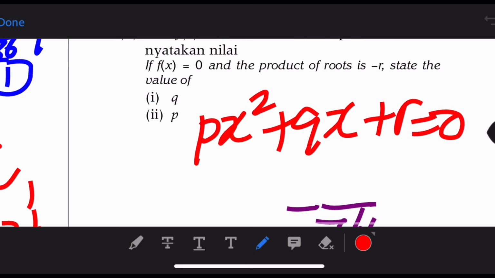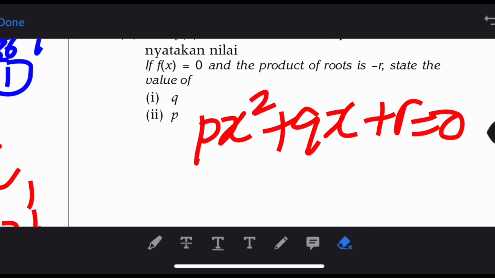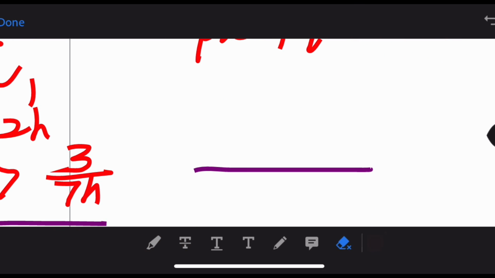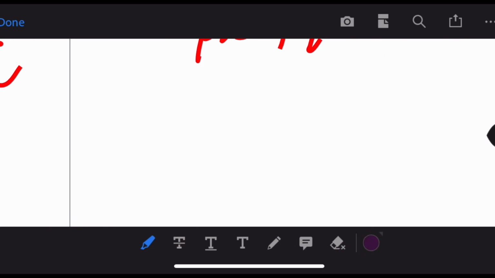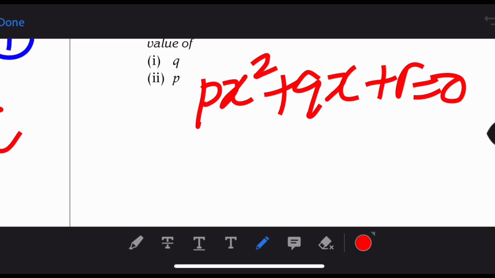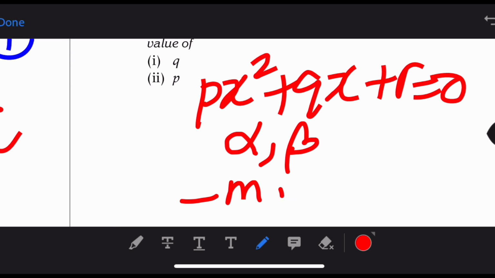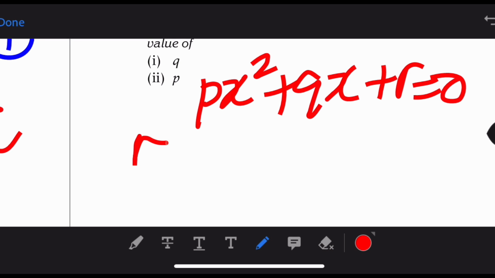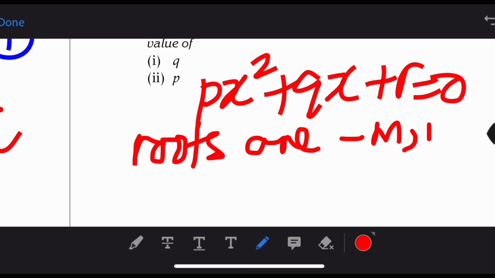The sum of the roots is negative b over a, right? The roots are alpha and beta, but the roots here are negative m and m, as given.